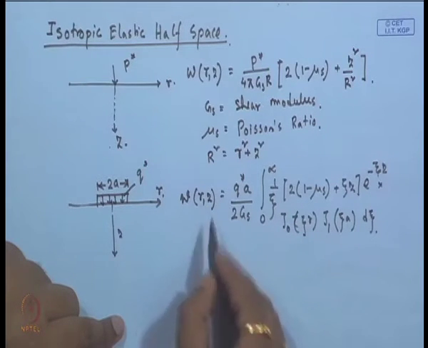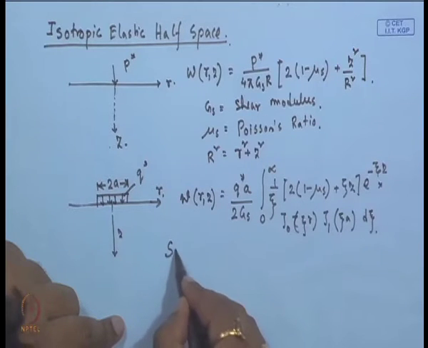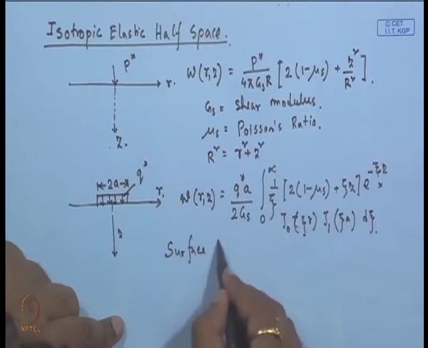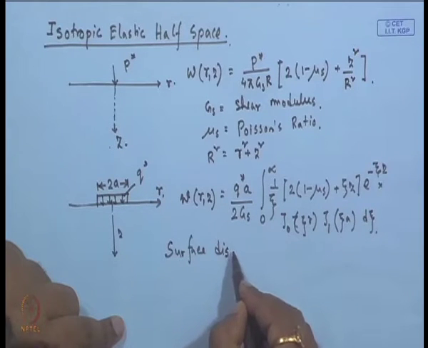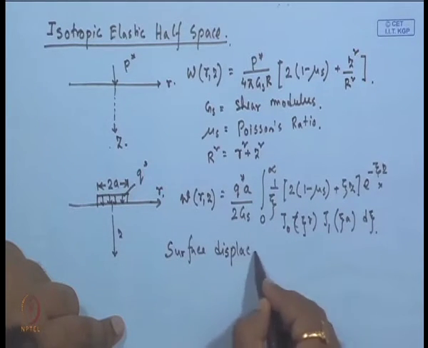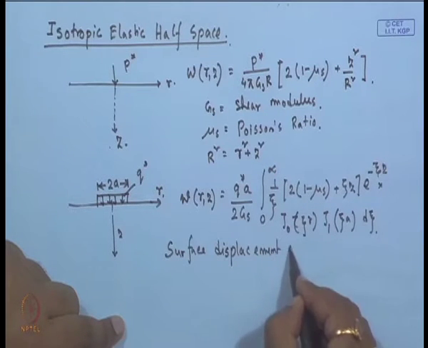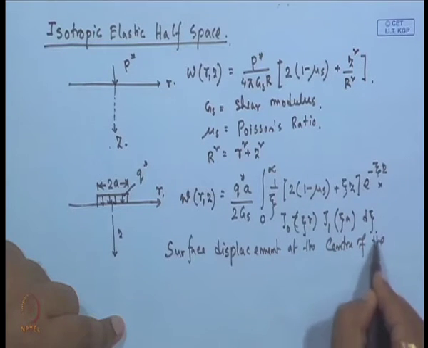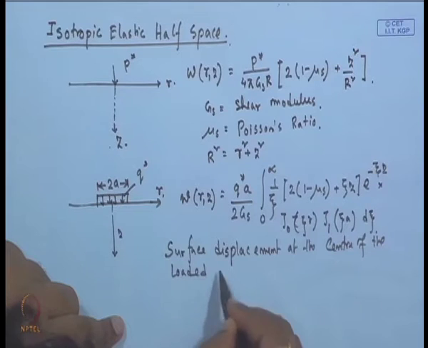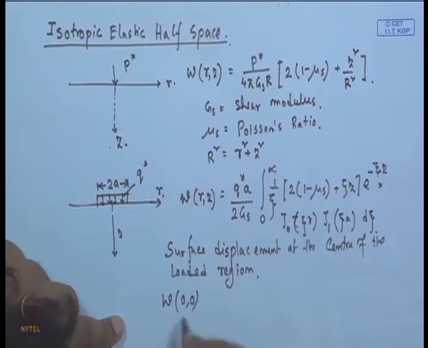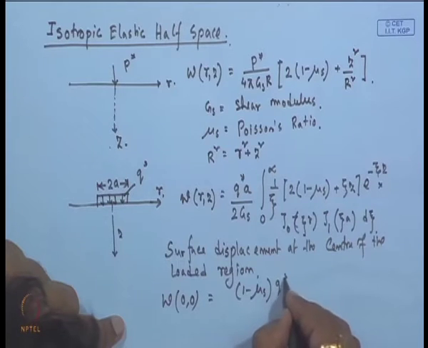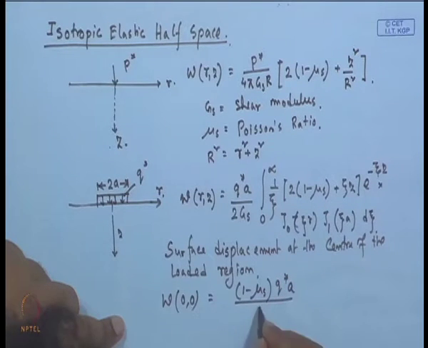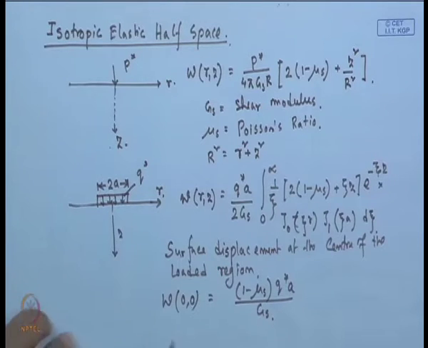And the surface deflection at the center of the loaded region, so this is at any point. So, at the center, the displacement at the center of the loaded region will give W 0 0, that will be (1 minus mu s) q dash a divided by G s.